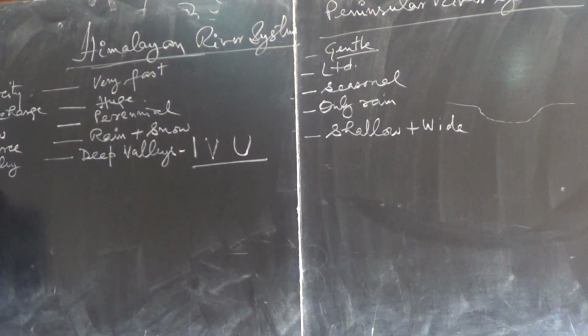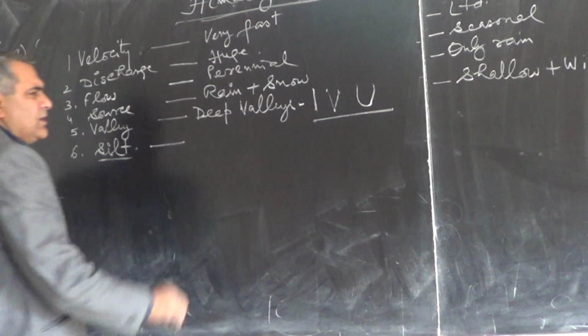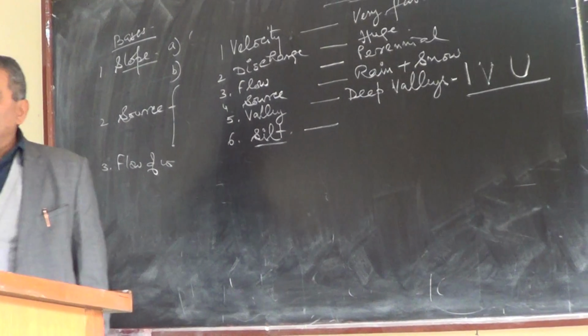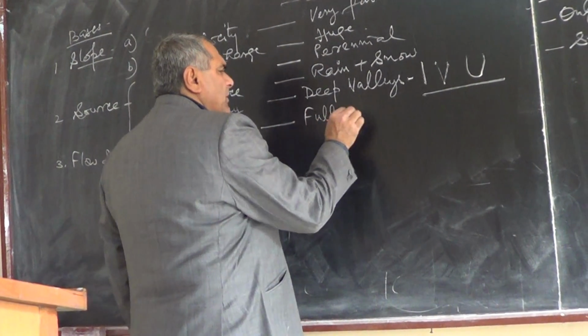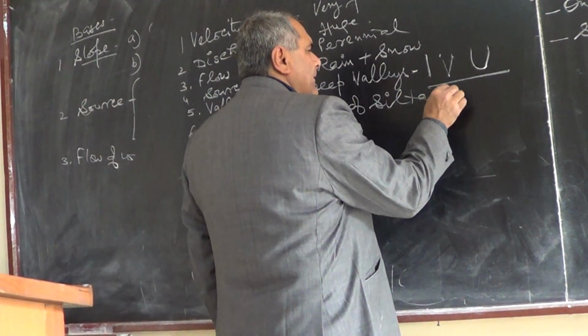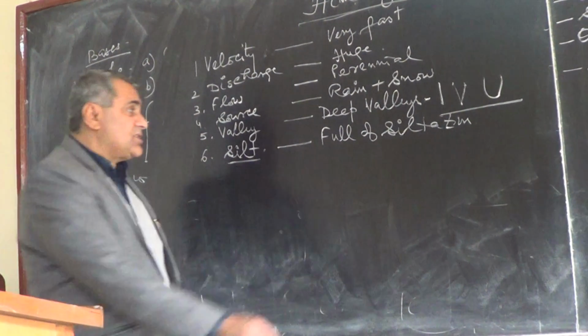Next is silt. Himalayan rivers are always loaded with silt, full of siltation. Why siltation? Because of the rock system.